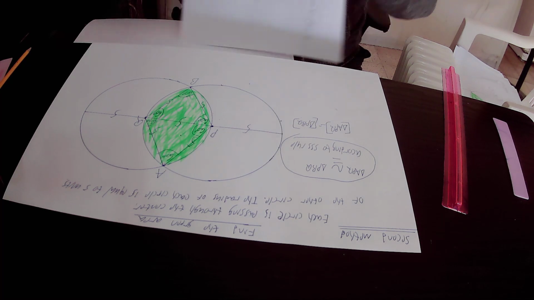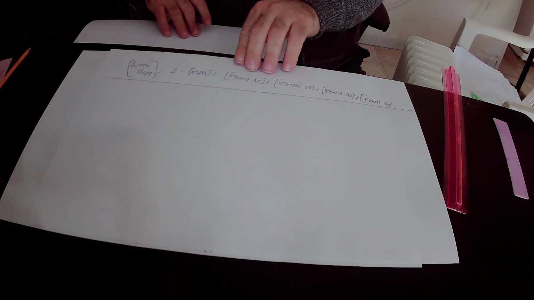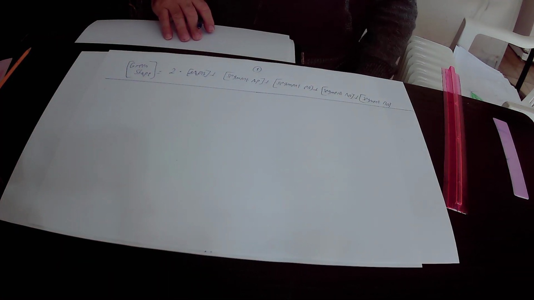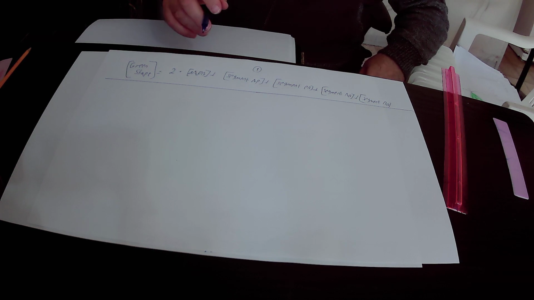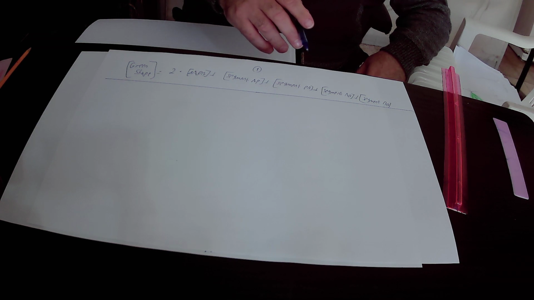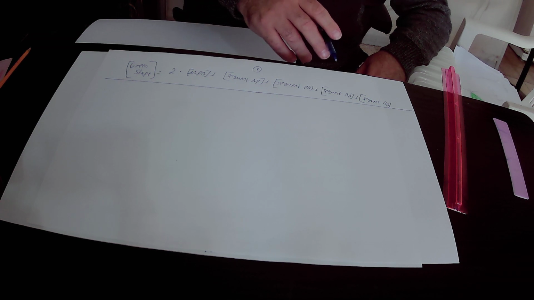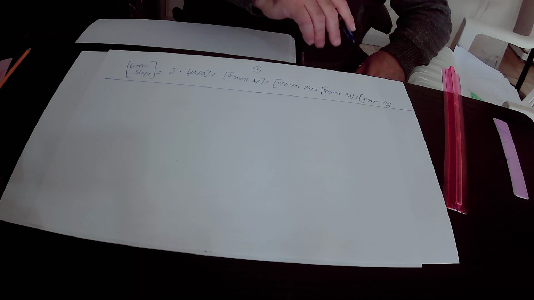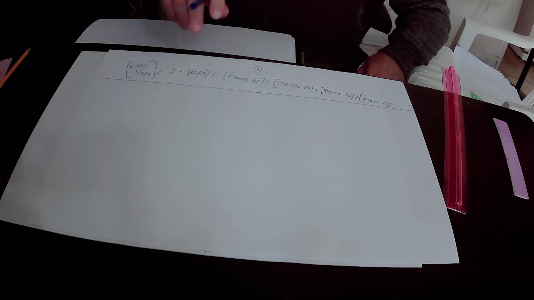I'll repeat again, the area of the green shape will be equal to 2 times the area of the equilateral triangle APQ plus the area of segment AP plus the area of segment PB plus the area of segment AQ plus the area of segment BQ. Okay?